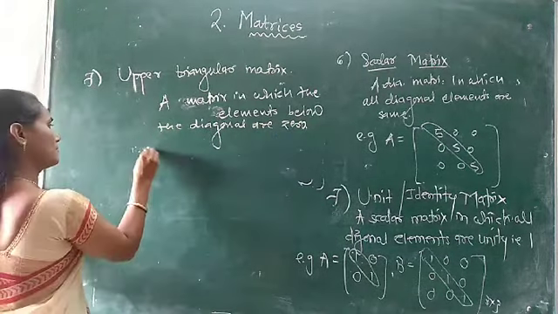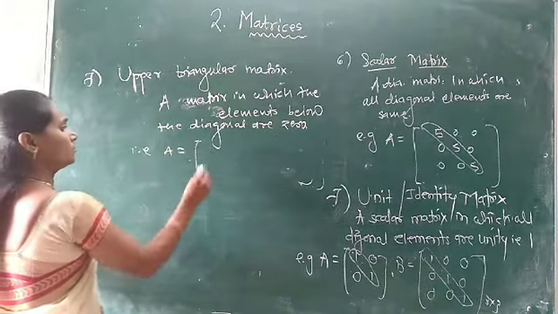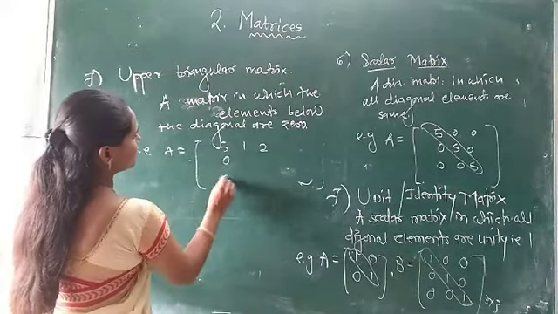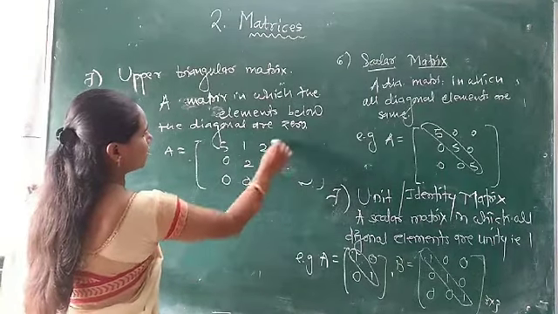That is, A is equal to [5 1 2; 0 0 0; 2 3 1].